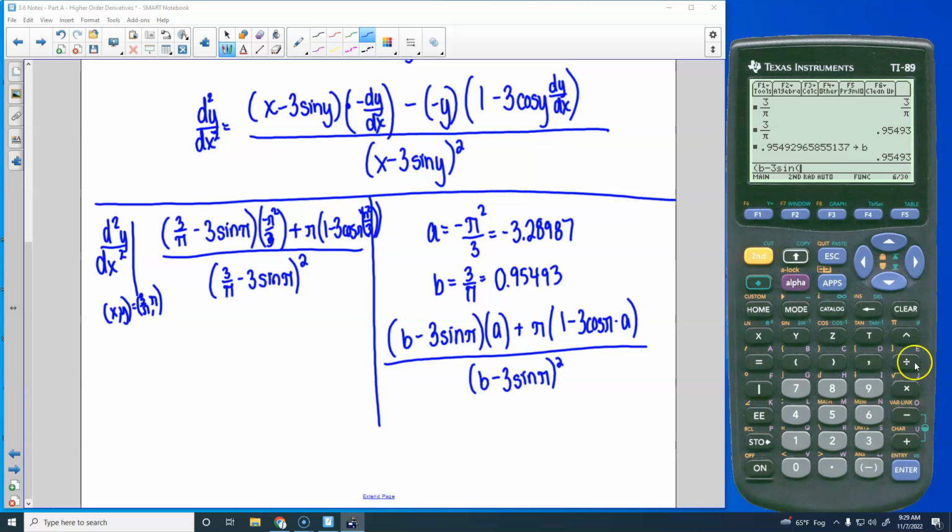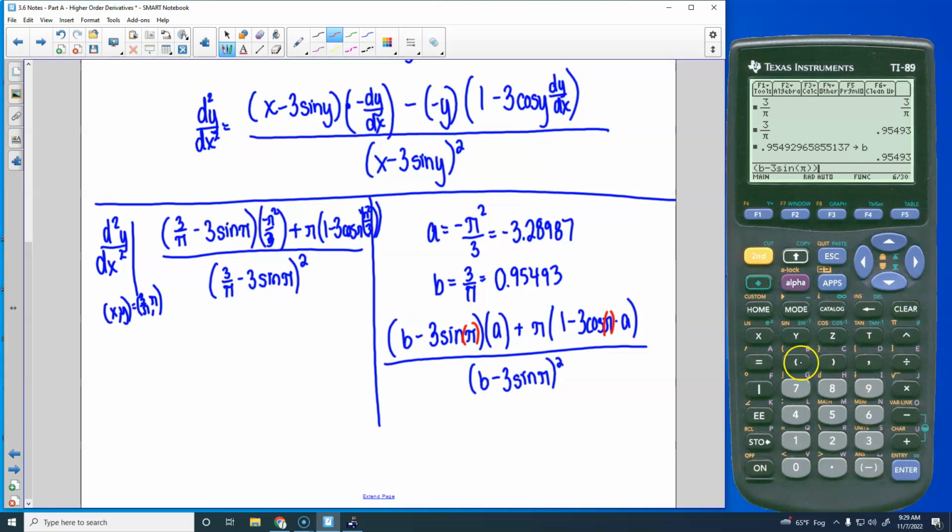Make sure when you type in B minus 3 sine pi, sine opens a parentheses for pi. You have to close the parentheses for pi and then close the parentheses for the expression. Anytime you have sine pi, the calculator makes you put that extra set of parentheses, so make sure you get both of those closed.